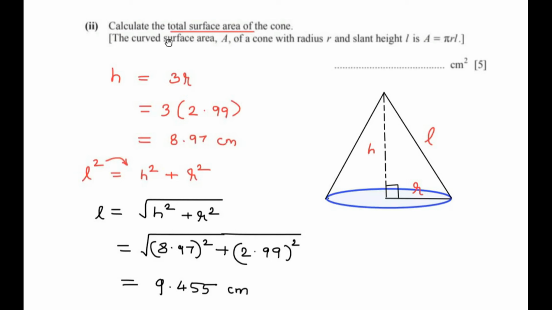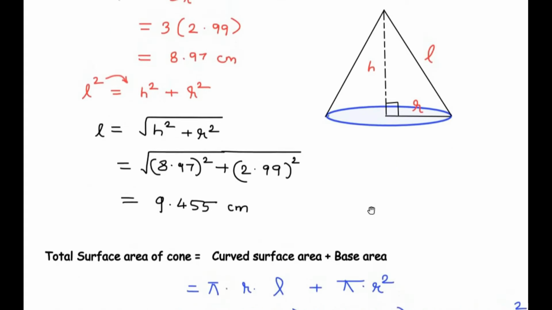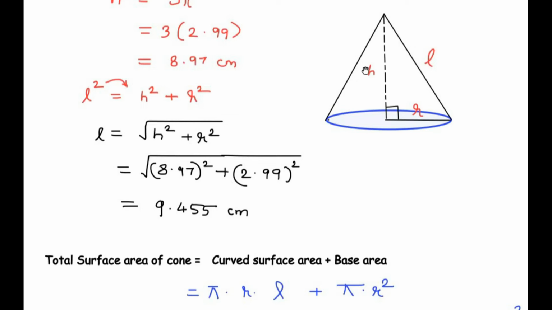Now here we need to find out the total surface area of this cone. And total surface area is made up of the curved surface area plus the base area, which is a circle. So here we have written total surface area of the cone is curved surface area of the cone plus the base area, which is a circle.